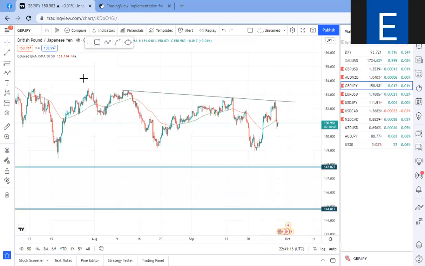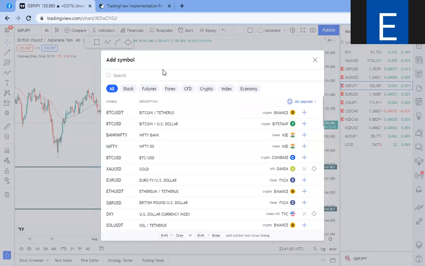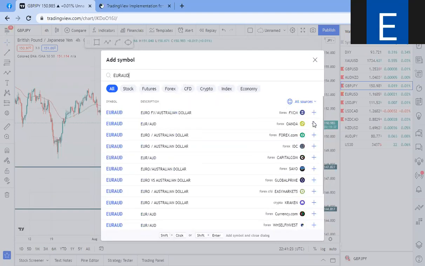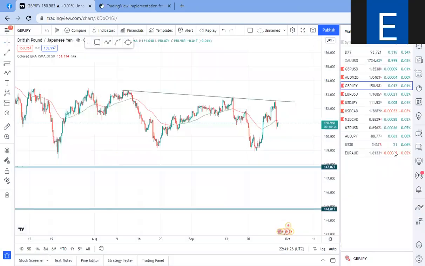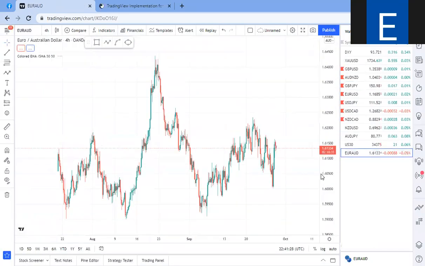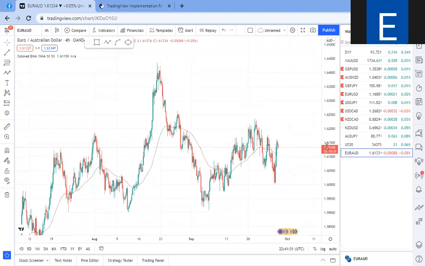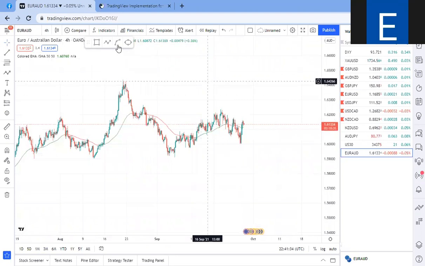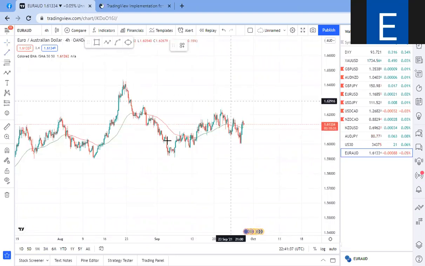But the trade went ahead. Let me just put it here on EURUSD. The trade somehow moved. Let's see. Oh, I think the third touch later happened.